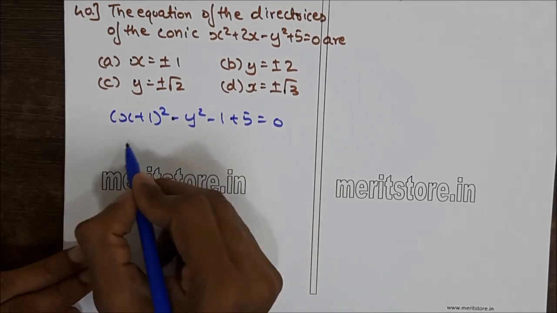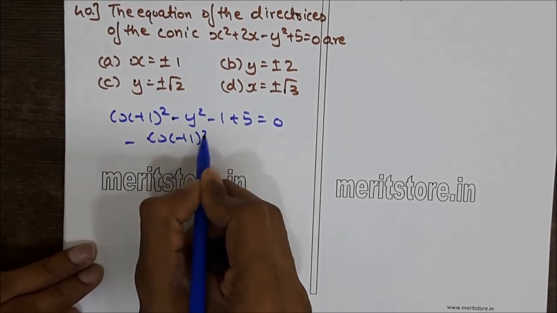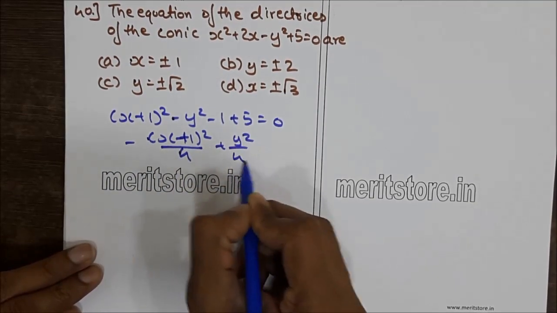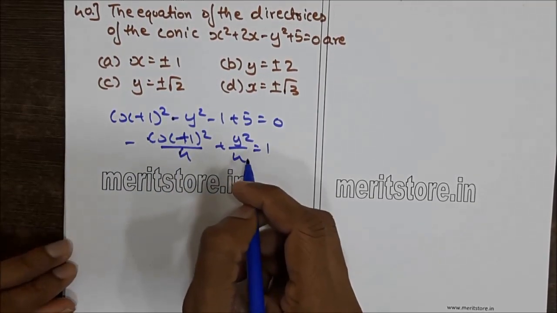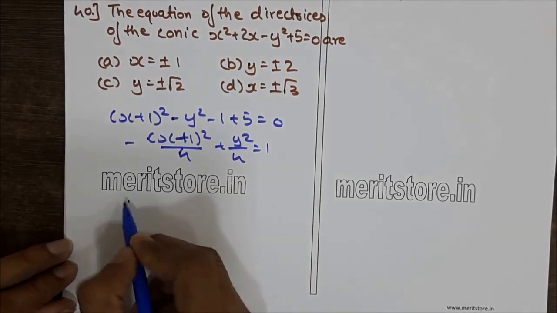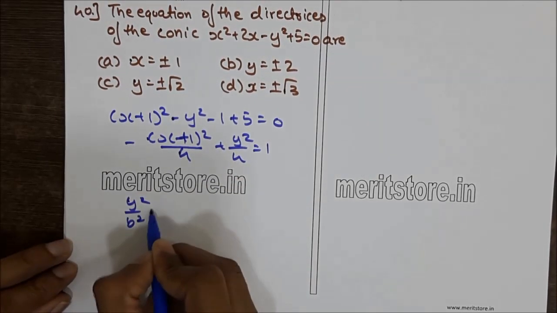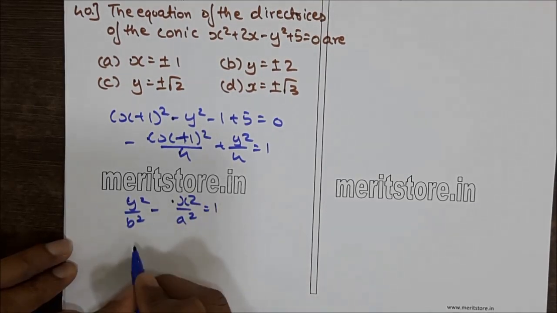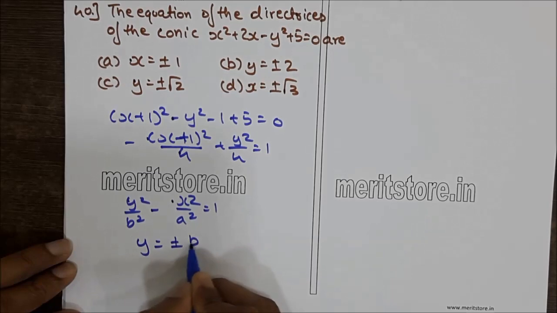So we can write this as minus (x plus 1) the whole square upon 4 plus y square upon 4 equal to 1. So the equation of directrices, from y square upon b square minus x square upon a square equal to 1, is y equal to plus minus b upon e.